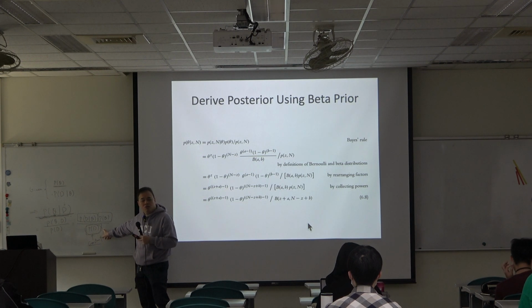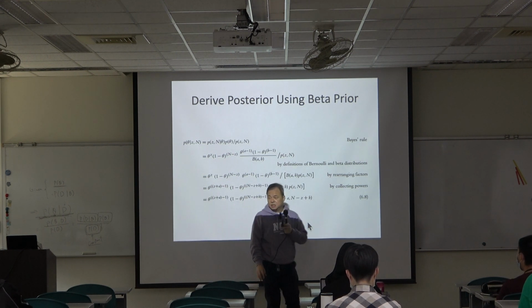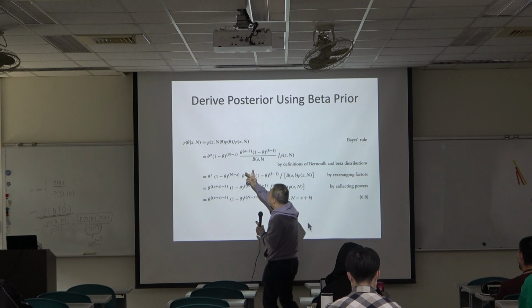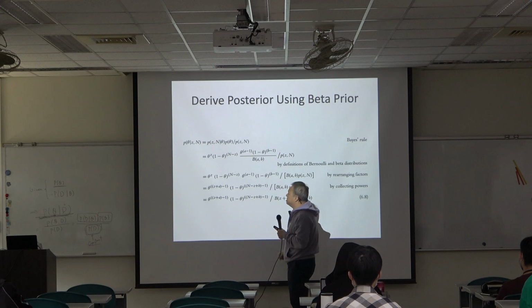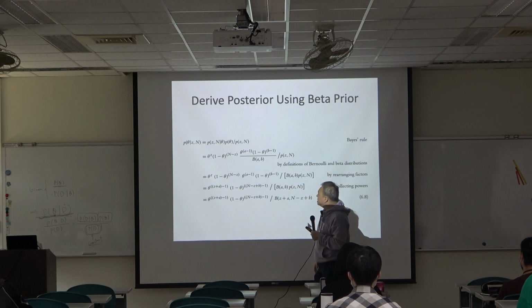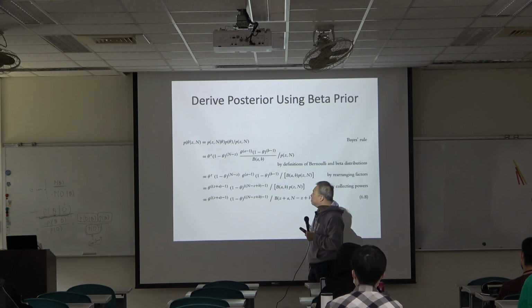The only thing we know is that it is constant, as I already described. So we put in these two things, and we can obviously see that there are theta and 1 minus theta terms from both the prior and the likelihood.